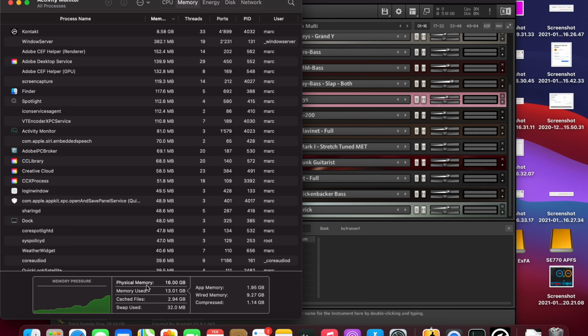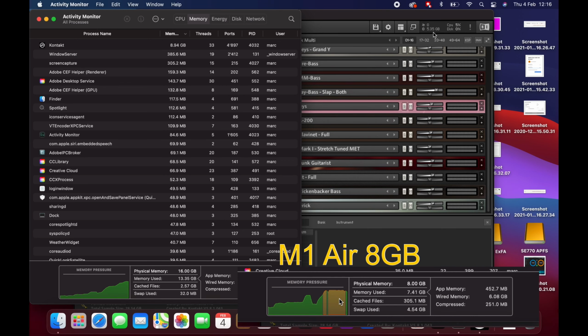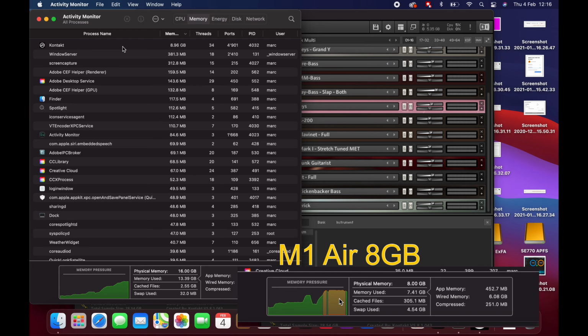So, you know, as long as there's memory around, Kontakt takes it. Yeah, so it looks like it's finished to load. We have 5.35 gigabyte, but we see that Kontakt here is using 8.96 gigabytes.